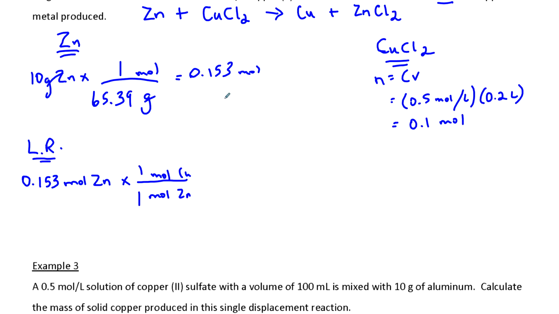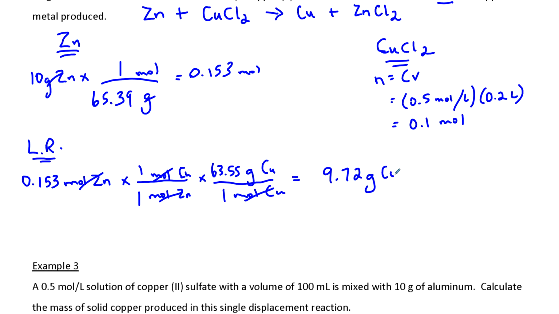That's a 1-to-1 ratio because there were no coefficients needed to balance the equation. And then I'm going to go from moles of copper to grams. This is the molar mass, and copper's molar mass is 63.55. So when I calculate that, I get 9.72 grams of copper.